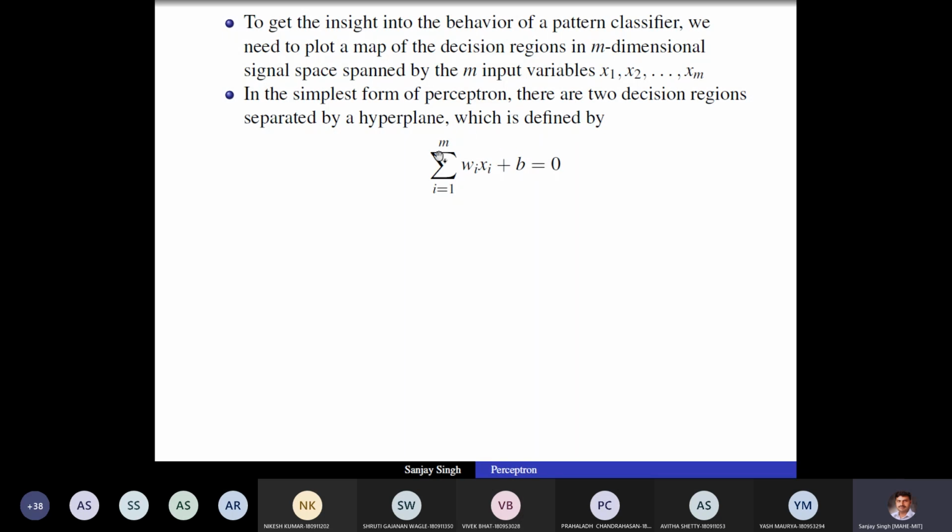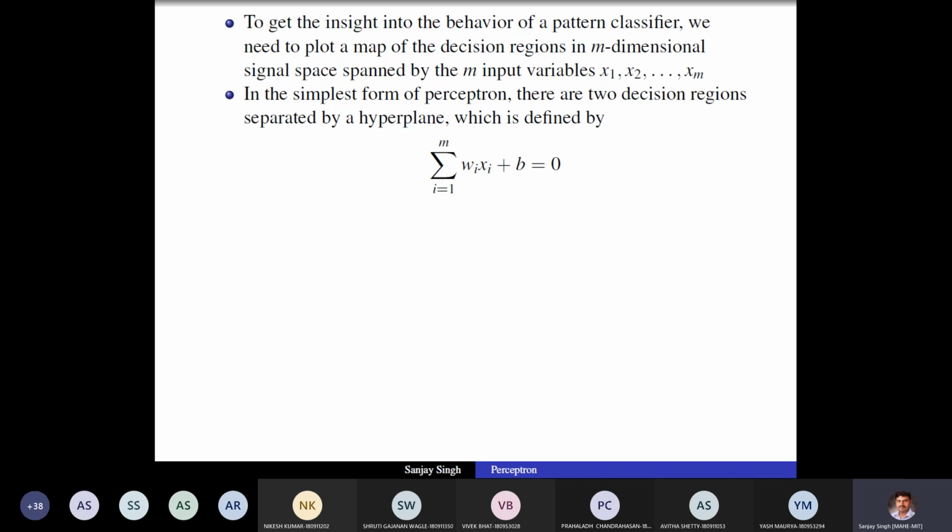If I write this entire part, and subsume the bias into the weights, I start from i equal to 0 to m. When I consider a bias, it can be fixed as an input where x0 is always held at +1 and b is another weight w0. So I can write the entire thing as the sum from i equal to 0 to m of wixi, and instead of the sum we can always write it in vectorial notation as wTx.